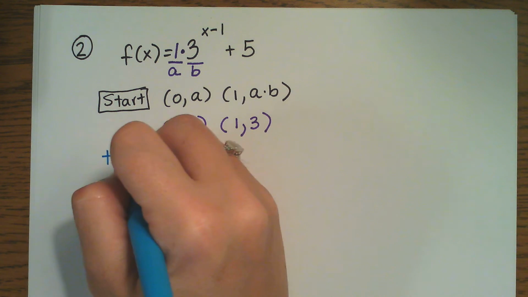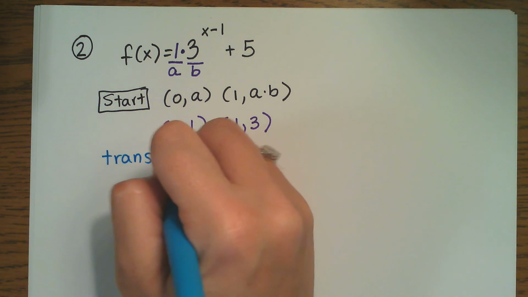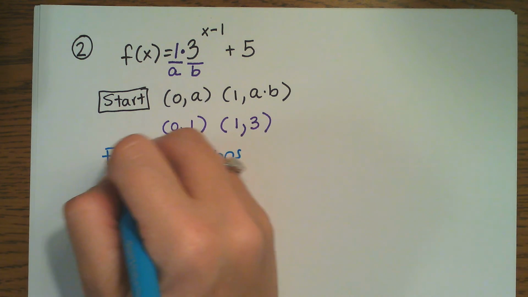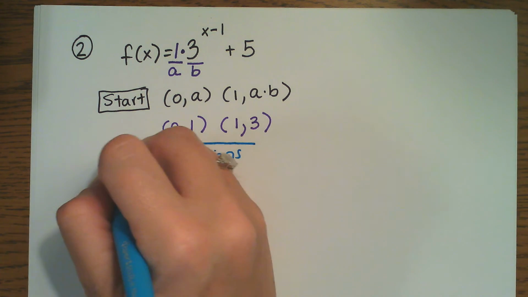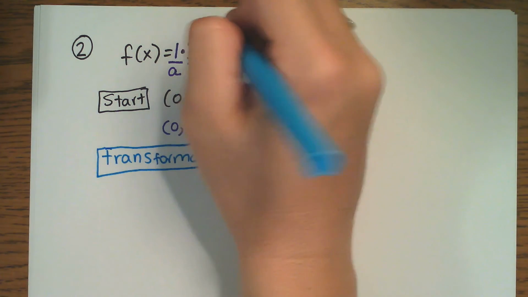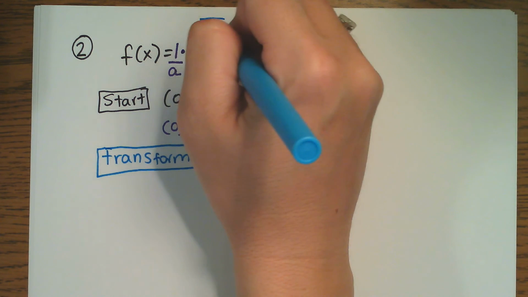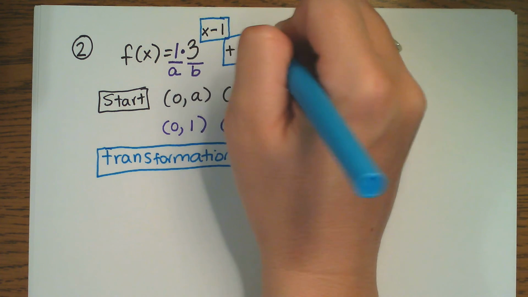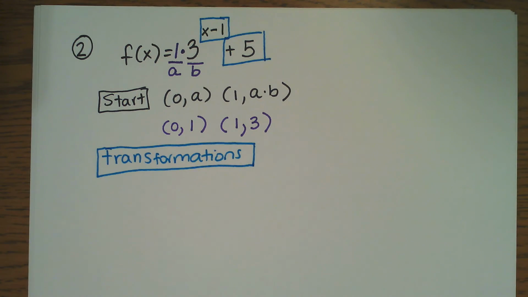We will then apply the transformations. So I have one transformation up here with x, and then I have one transformation off on the back here with that 5.